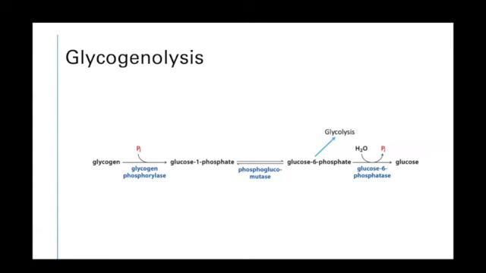Phosphoglucomutase, which catalyzed that same reaction in glycogen synthesis, but just the other way, then makes glucose 6-phosphate, and we can enter glycolysis.